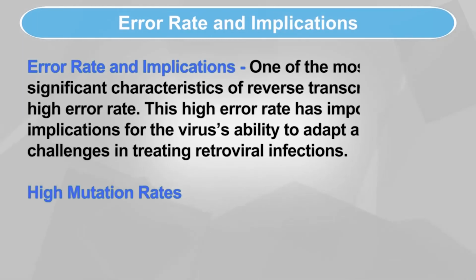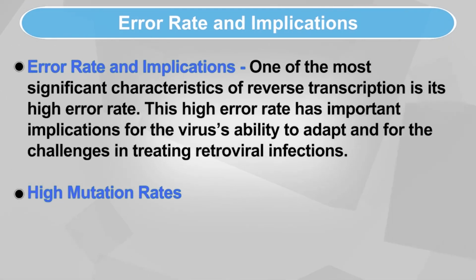Now, there are certain error rates associated with this particular process. One of the most significant characteristics of reverse transcription is its high error rate. This high error rate has important implications for the virus's ability to adapt and for the challenges in treating retrovirus infections.